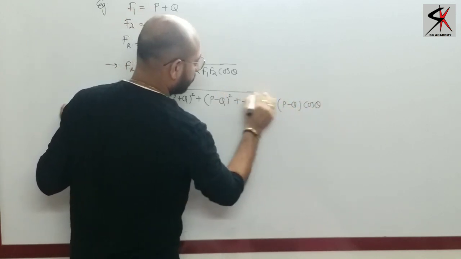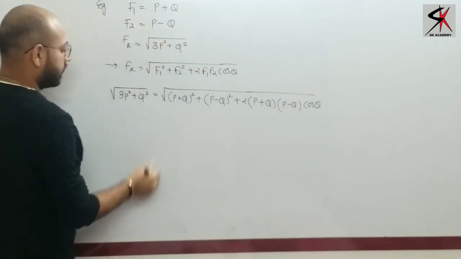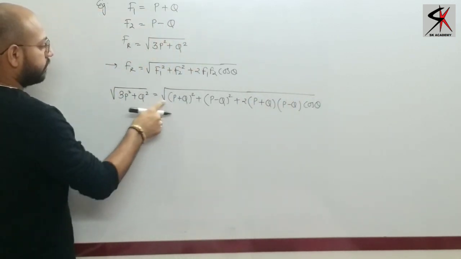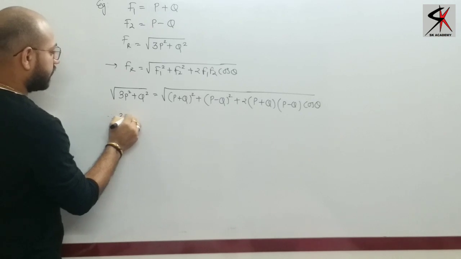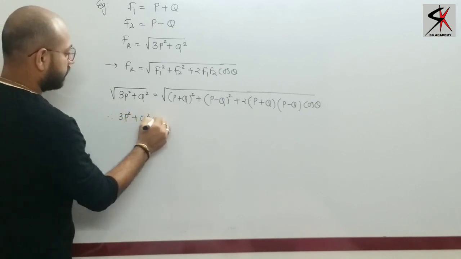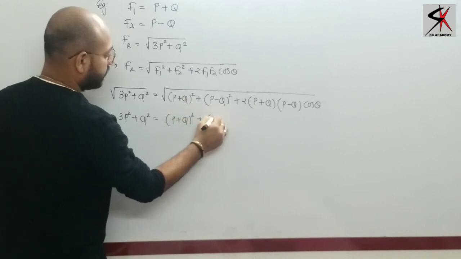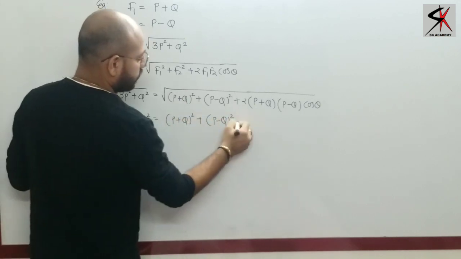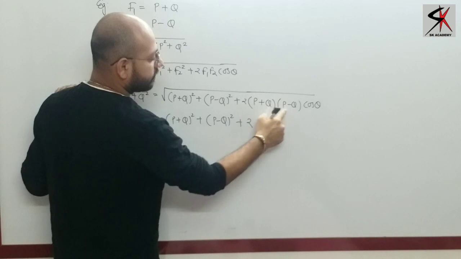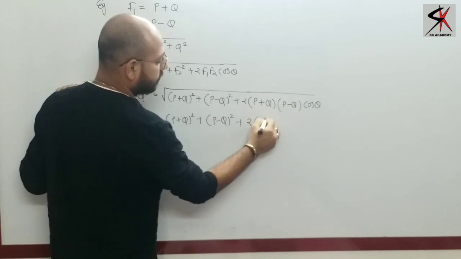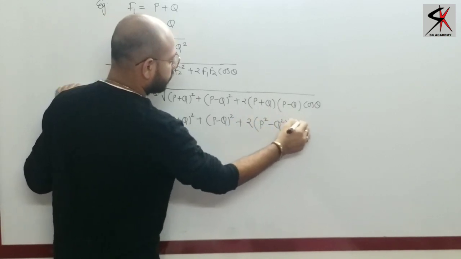This theta we are going to find. Okay, now square both sides. So 3P square plus Q square equals (P plus Q) whole square plus (P minus Q) whole square plus 2 (A plus B)(A minus B), which means A square minus B square, cos theta.